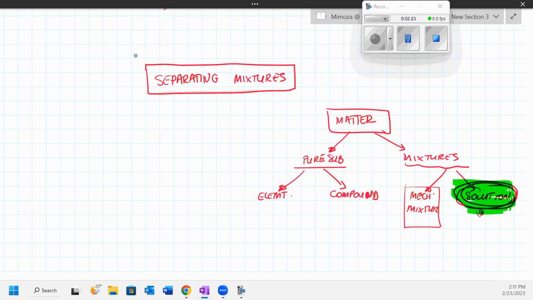In order to have pure water, just H2O, what you will do is distill the water.